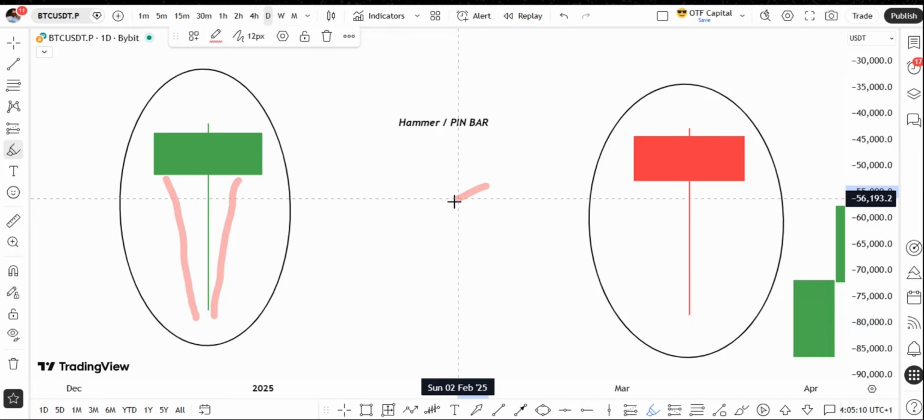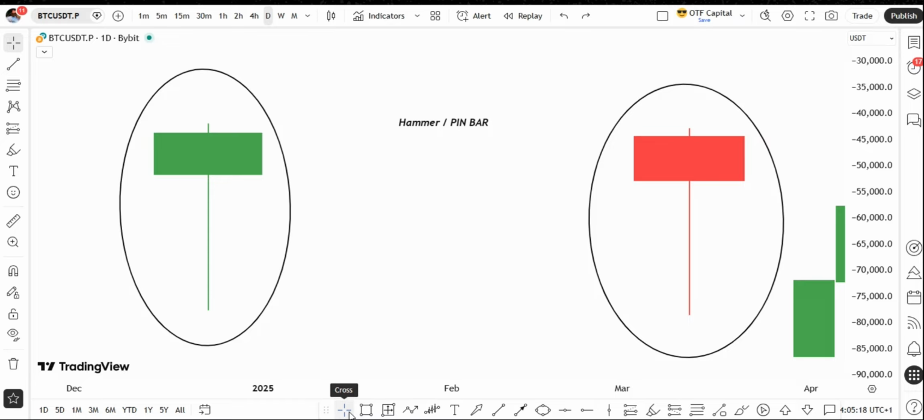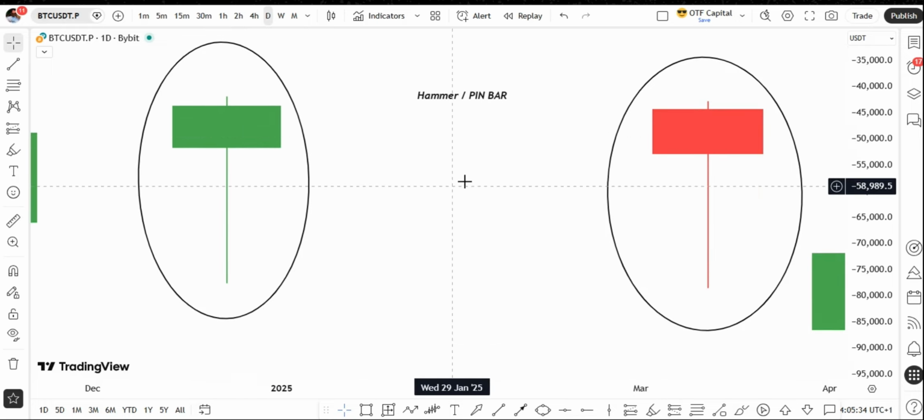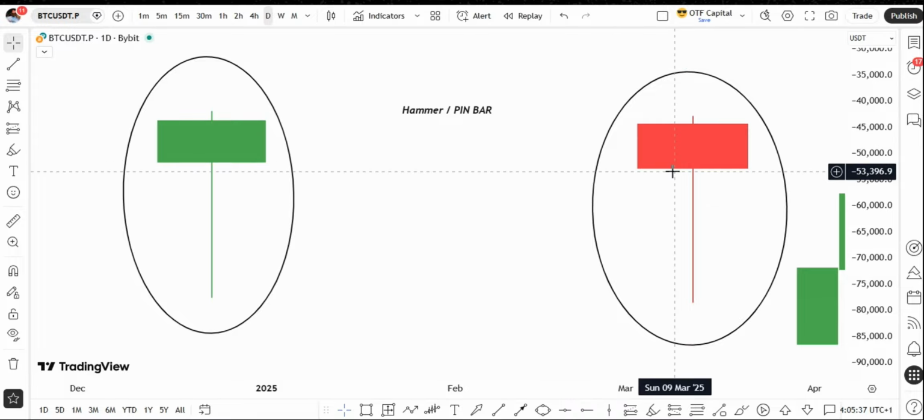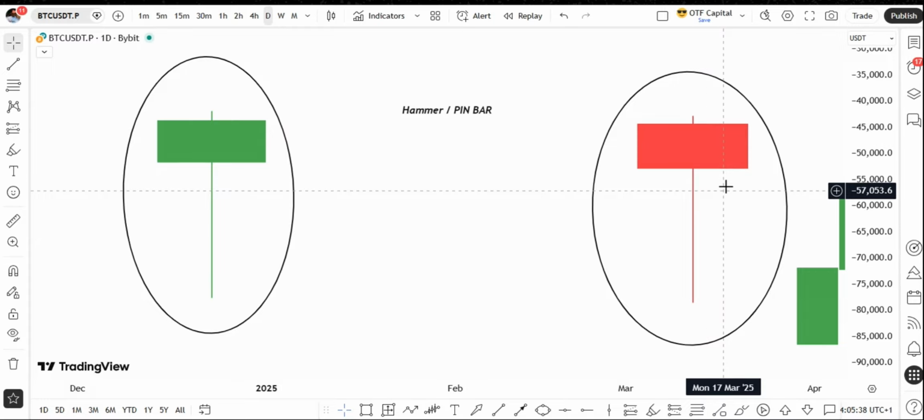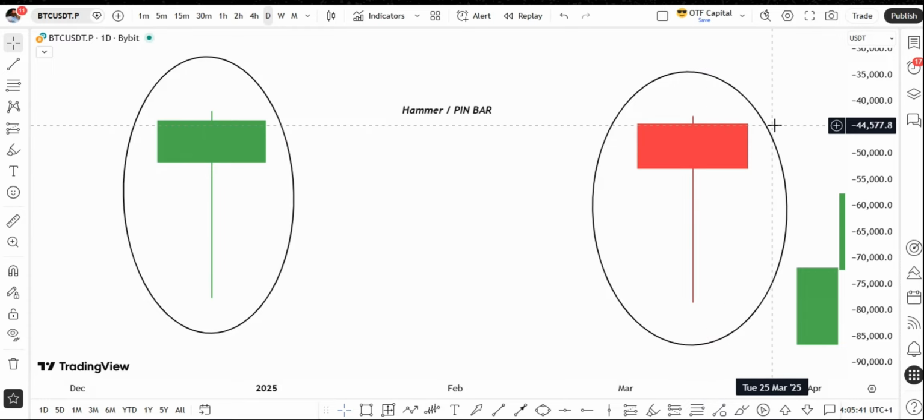So at any position you see this kind of candle form, either the bullish or the bearish candle, pause and pay attention to what the next candle that forms will do. Anytime you see a hammer or pin bar form, do not take an entry immediately. Pause and wait for what the next candle that prints close to it will do. I'll show you an example just now.